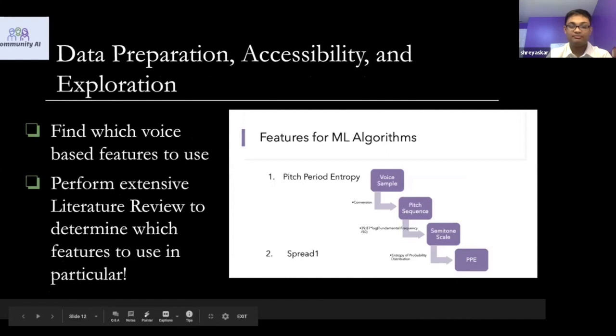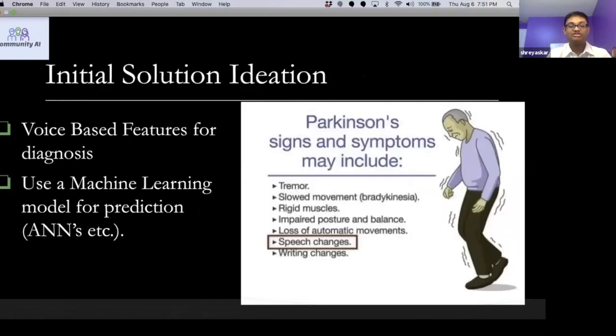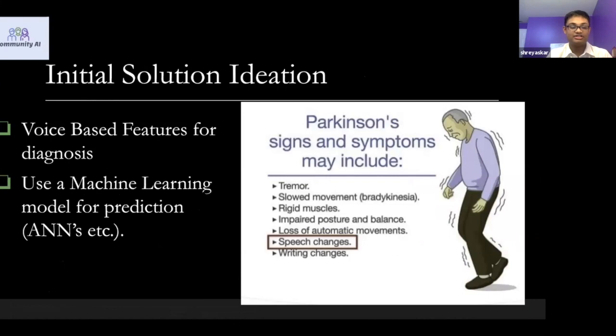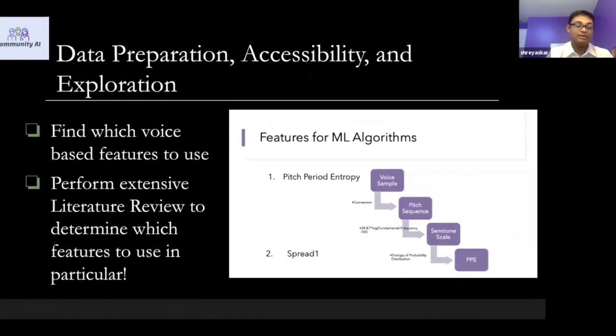Now let's move on and introduce data preparation, accessibility, and exploration. As I said before, I was going to use voice-based features as inputs to my model. So now let's determine which voice-based features to use in particular. To do that, I again performed an extensive literature review. This is a very common trend in data science.